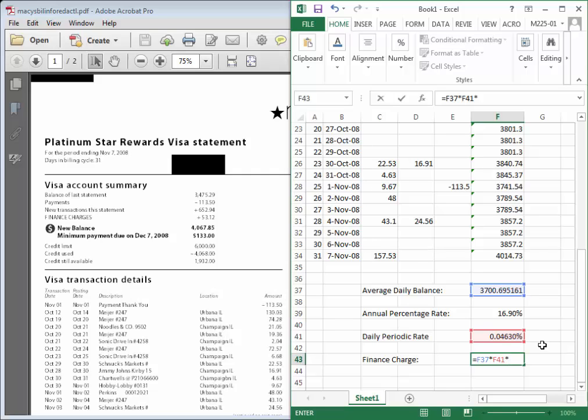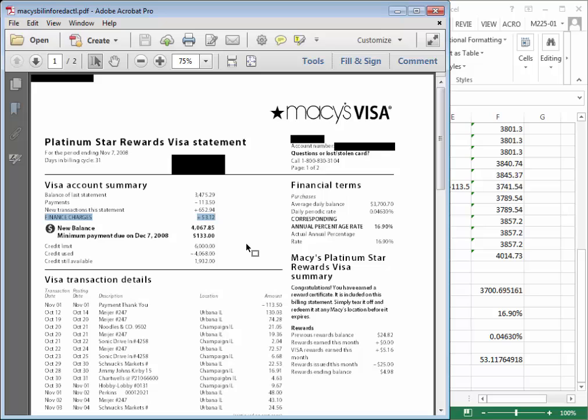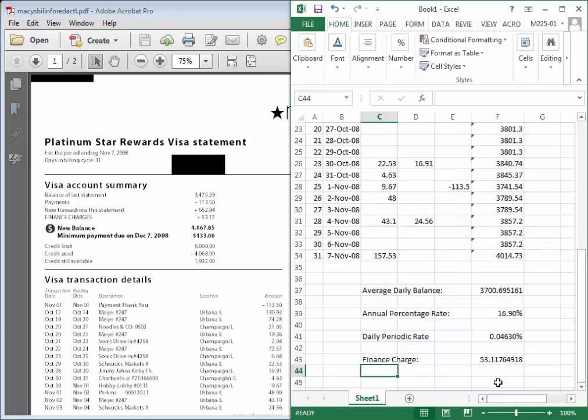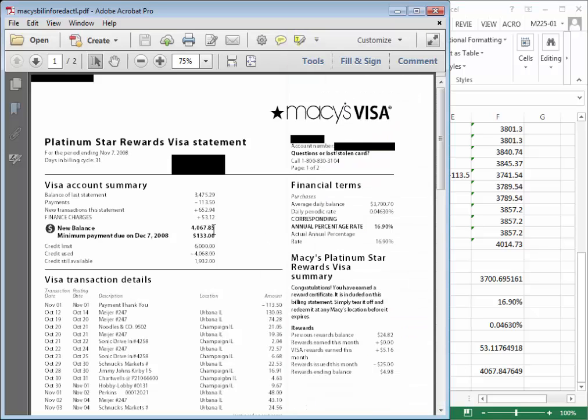Since the rate is given in interest per day, I need the time in days. 31 days, $53.12. And that's the finance charge. So the new balance should be the final of the daily balances plus the finance charge. $4,067.85.